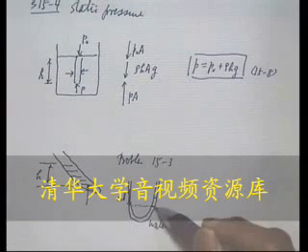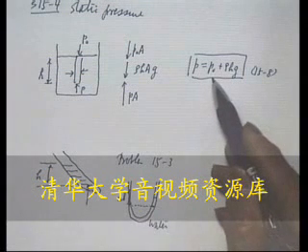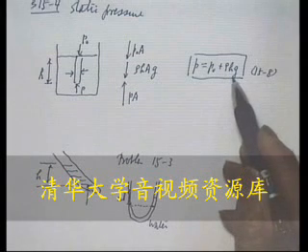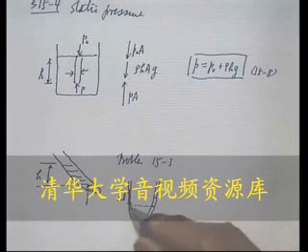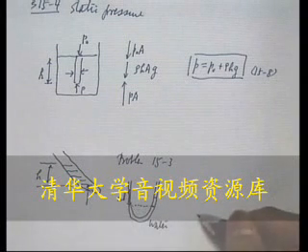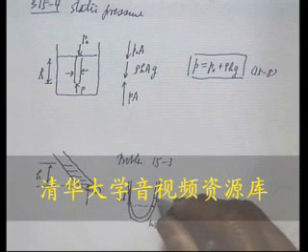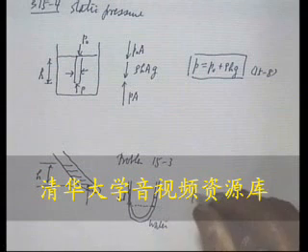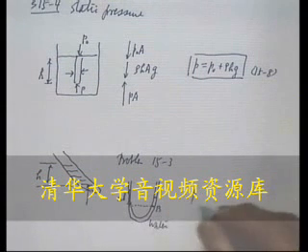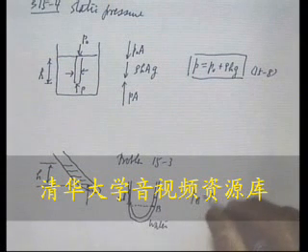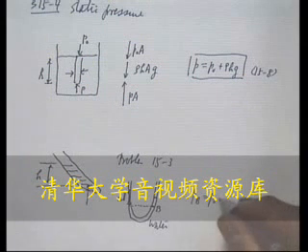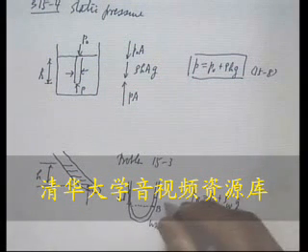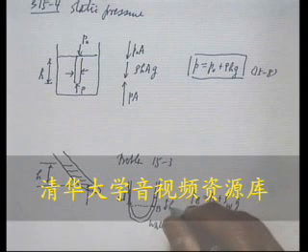The pressure at this point and the pressure at this point, the P0 cancel each other. The rho gh is the same. So the pressure at this point is the same as the pressure at this point. But the pressure at this point, since this is water, let's call it B, is equal to atmospheric pressure plus rho water g times this distance, H1.